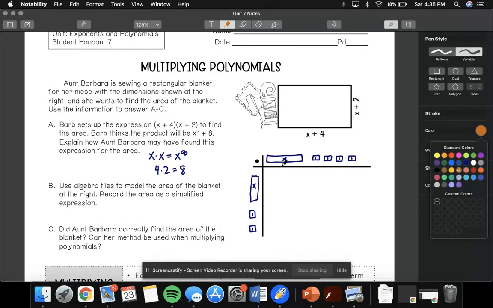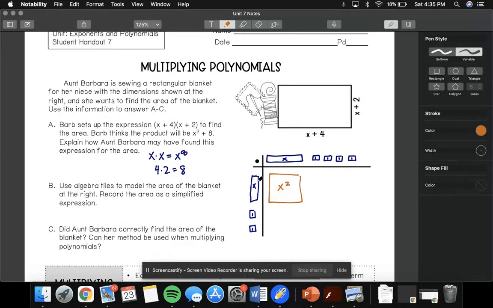So we're going to do x times x, which would create a square, and then x times 1, x times 1, x times 1, and x times 1 would create x bars. Okay. Now we're going to do 1 times x, which would create an x bar.